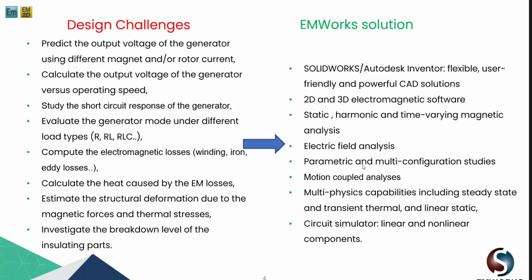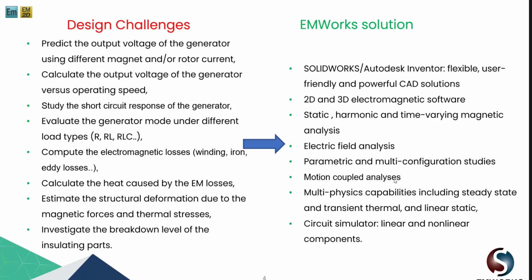Coupling to motion is very important, because a generator moves, whether linear or rotational, and that is going to create a current. So we claim that we have the best motion solution, especially for EMS, because it couples to SolidWorks motion.